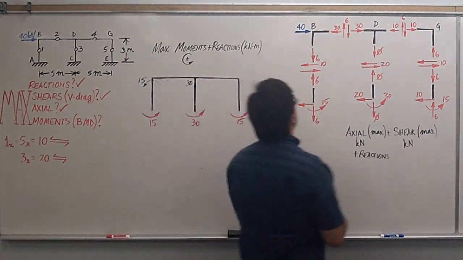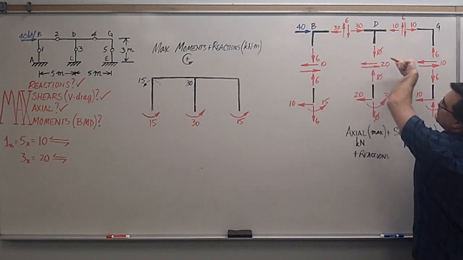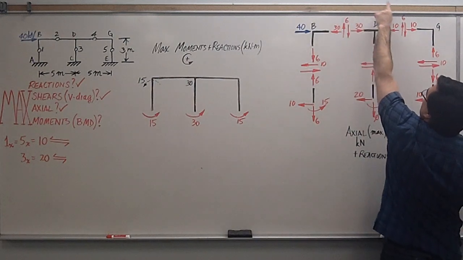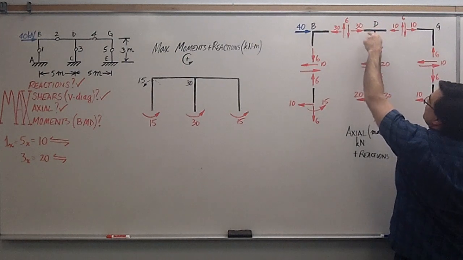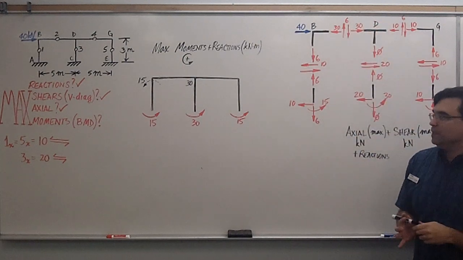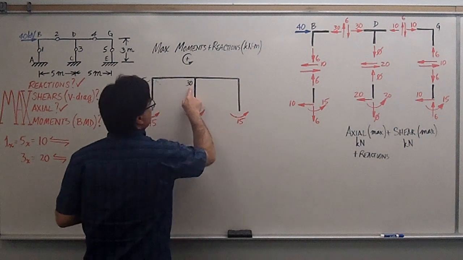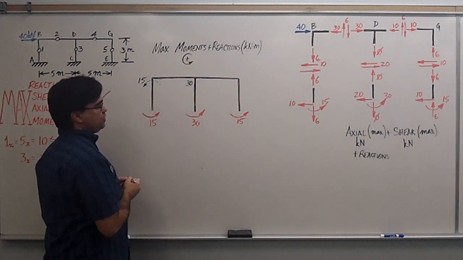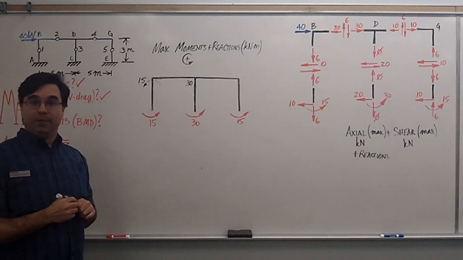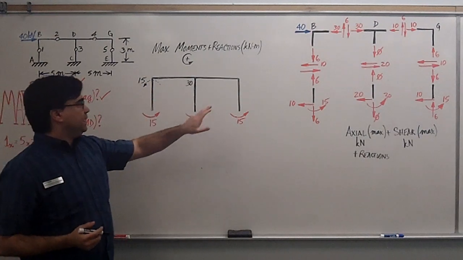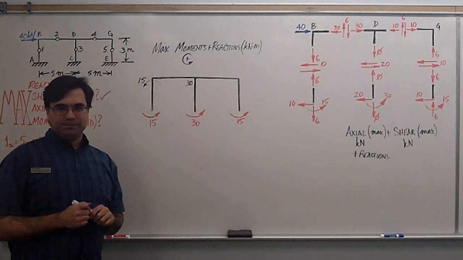Now, if this shear is causing a clockwise moment, the reaction here must be counterclockwise. So that means this here is a positive moment. I'll just leave it like that, but that's what it means.